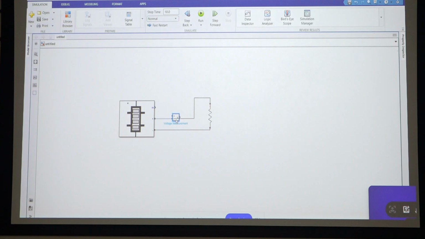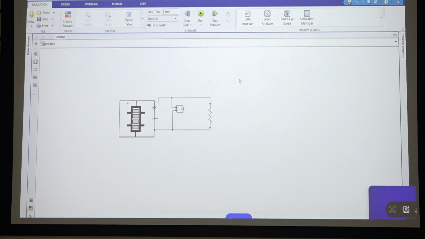We have to connect the voltmeter in parallel because we are measuring voltage. Plus here, plus here, and it gives us the signal value, the voltage across these two terminals. So we can choose this one.